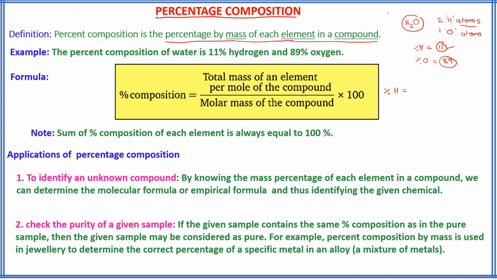In this 1 mole, you just take one molecule only. In 1 molecule, how many hydrogens are there? 2 hydrogen atoms are there. But atomic mass of one hydrogen will be 1.